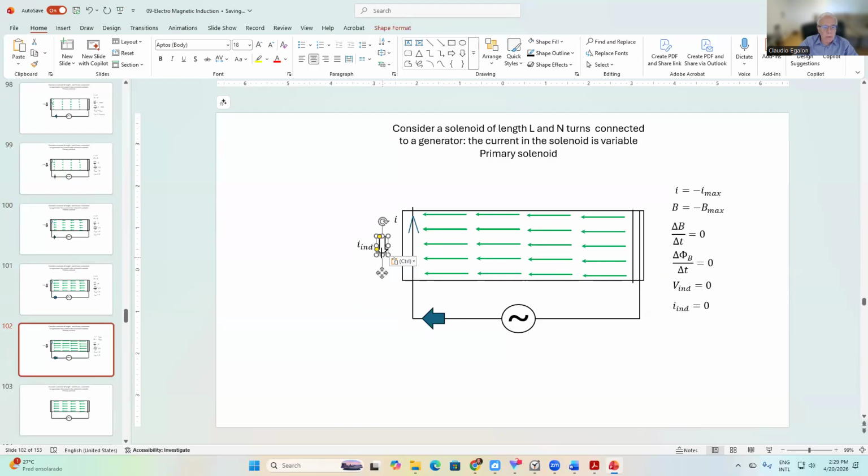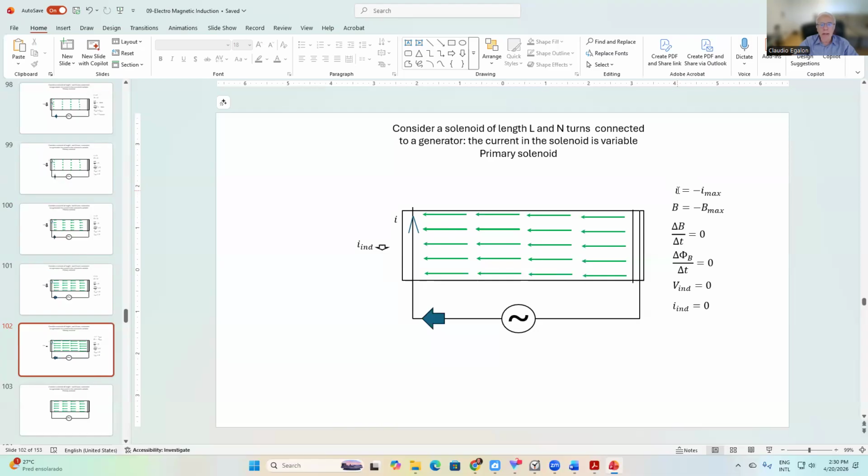So I'm going to shrink this to the point that you don't see anything. This is kind of a very small vector. See, it's out of phase with the magnetic field. When the magnitude of the magnetic field is maximum, the induced current is minimum. We call that out of phase.